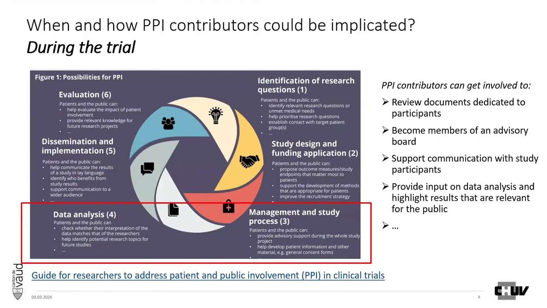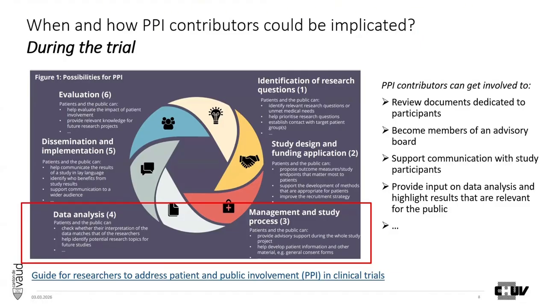For the phase that is during the trial, you can include patients to help you conduct your study, and also for the data analysis phase. So concretely, they can help you review the documents that are dedicated to patients, for example, patient information and consent documents.